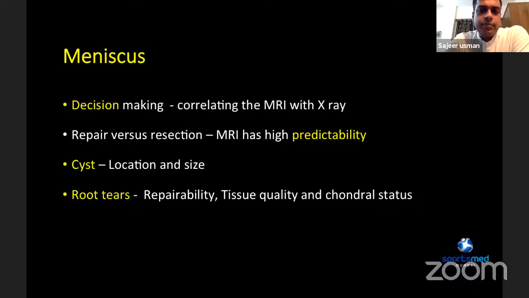Coming to the cysts associated with these tears, one can locate them and see the size of the cyst on the MR, to see the amount of fluid and the area that you want to decompress. Regarding root tears, there is a big role for the MRI in addition to the standing X-ray and the alignment views for tissue repairability, tissue quality, and chondral status.